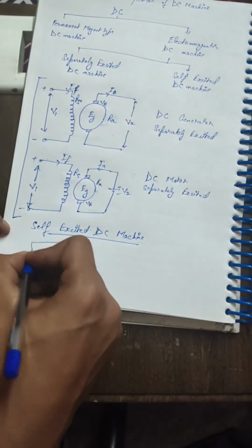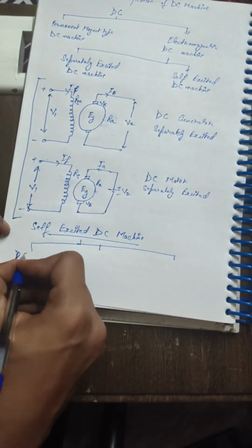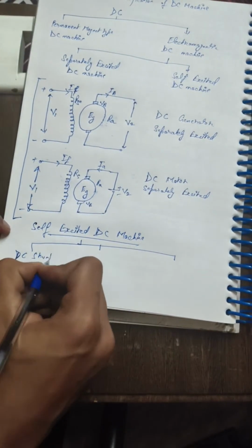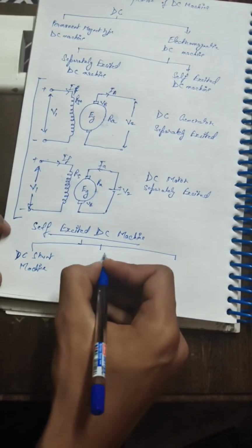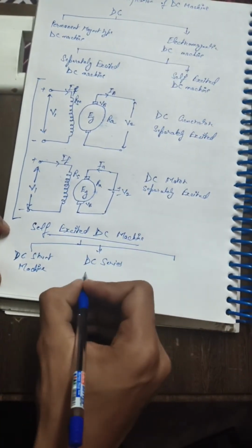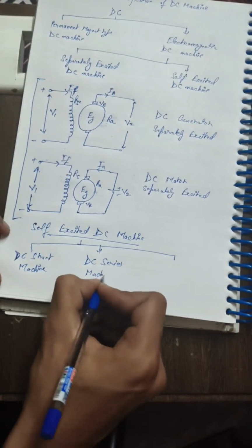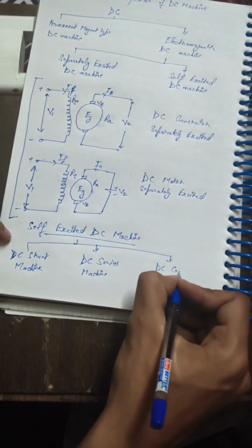These are of three types. First one is the DC shunt machine. The second one is the DC series machine. And the last one is the DC compound machine.